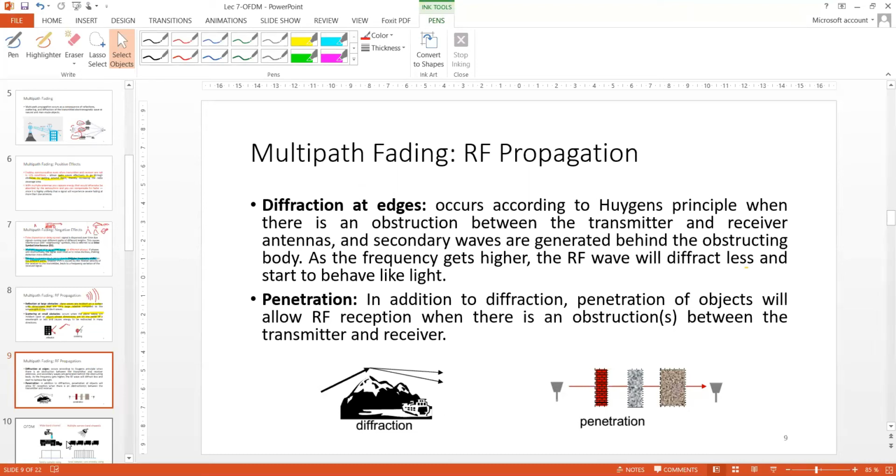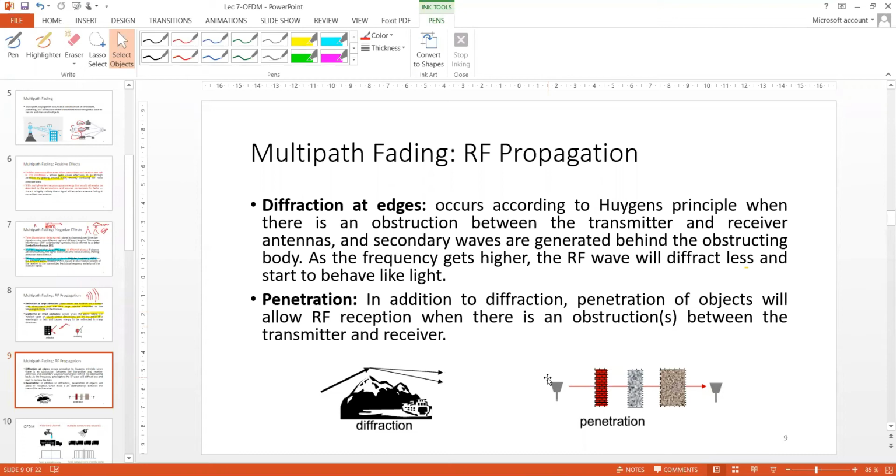Now, another phenomenon is that of penetration, which takes place whenever a signal penetrates objects. It can also be referred to as shadowing effects.